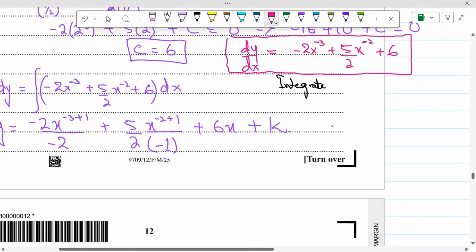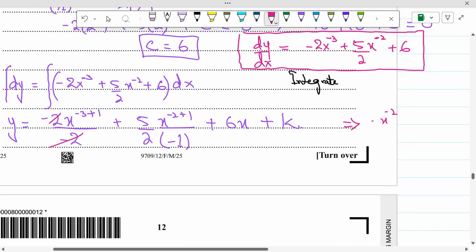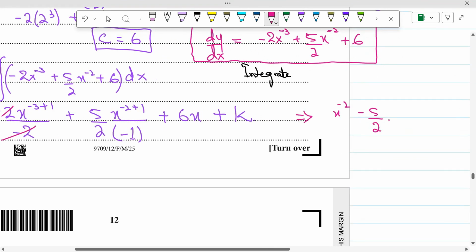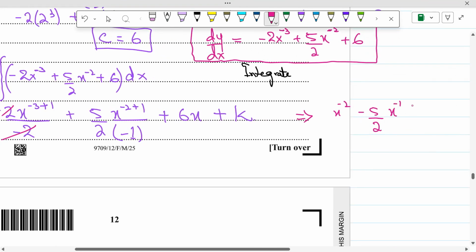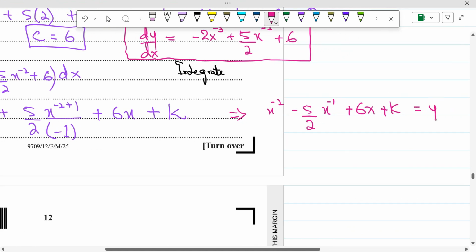Further solving, this one will be cancelled out, and we will have x to the power of negative 2, and then in this case we will have negative 5 over 2 times x to the power of negative 1 plus 6x plus k, and this is equal to y.